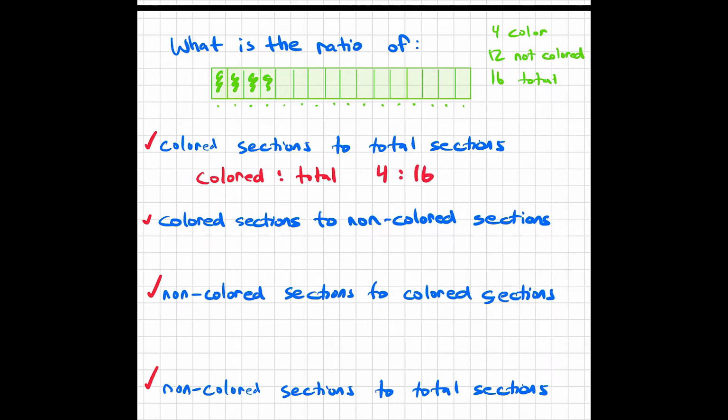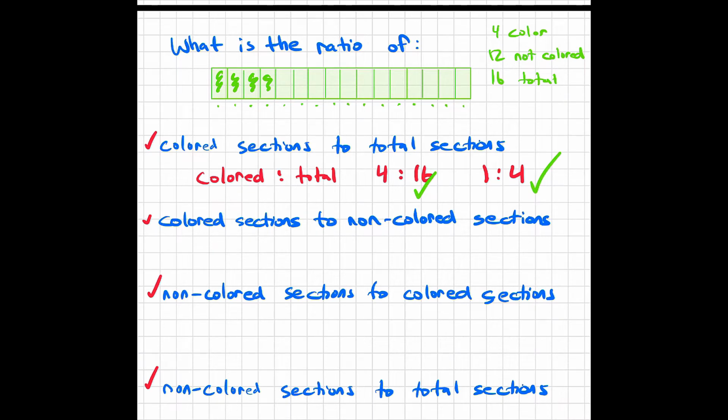Then I ask myself, is there an equivalent ratio in its simpler form? And yes, I can divide 4 into 4, and I can divide 4 into 16. So 4 divided by 4 is 1, and 16 divided by 4 is 4.